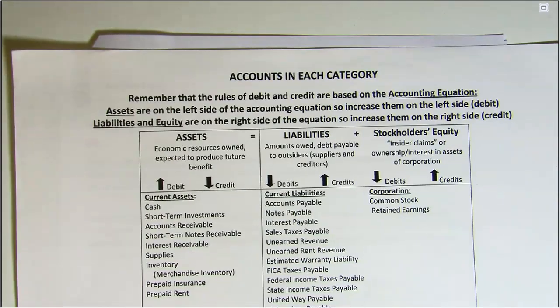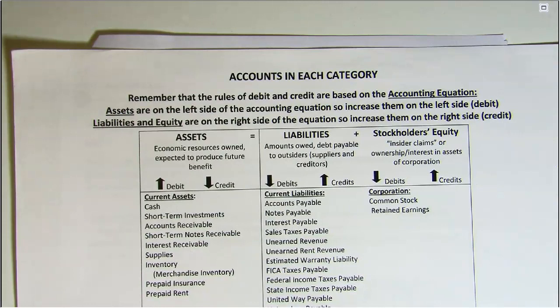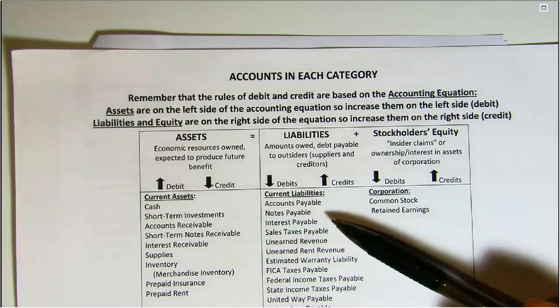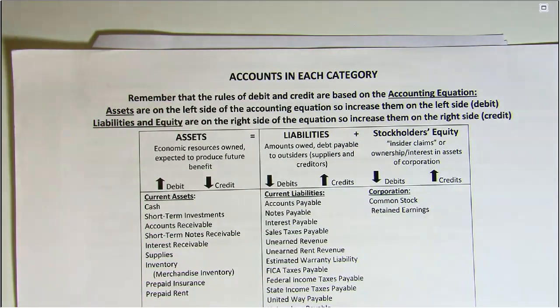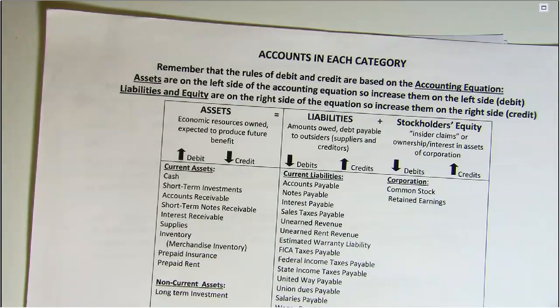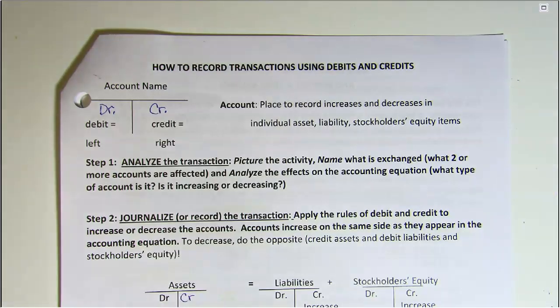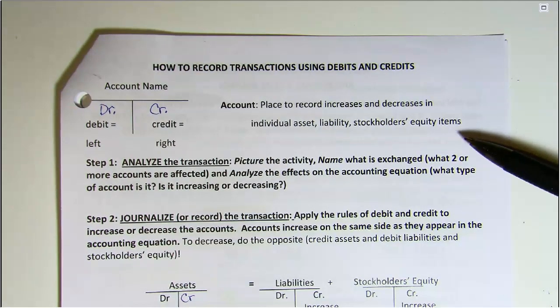In this chapter, we're primarily going to be dealing with asset, liability, and stockholders' equity accounts. And each one of these accounts, cash, short-term investments, accounts receivable, accounts payable, notes payable, common stock, retained earnings, is going to have its own place to record increases and decreases in that account.